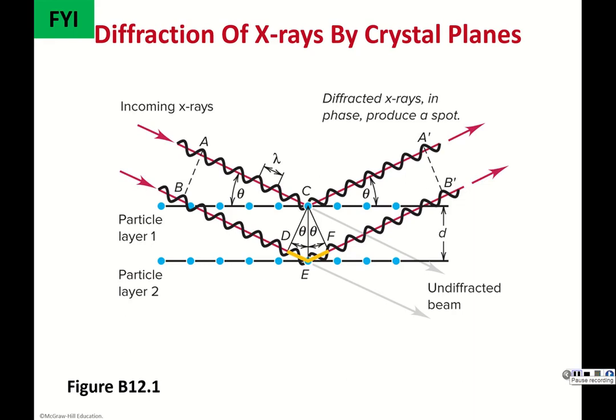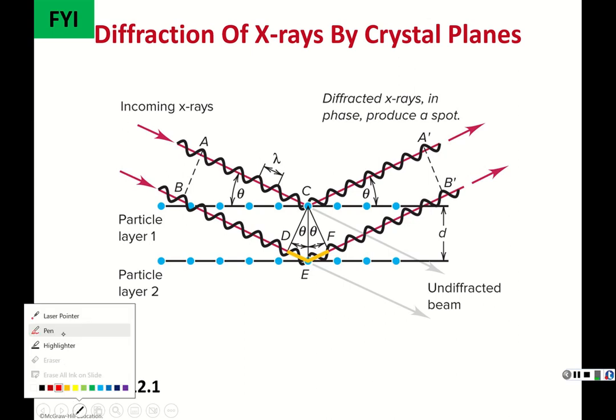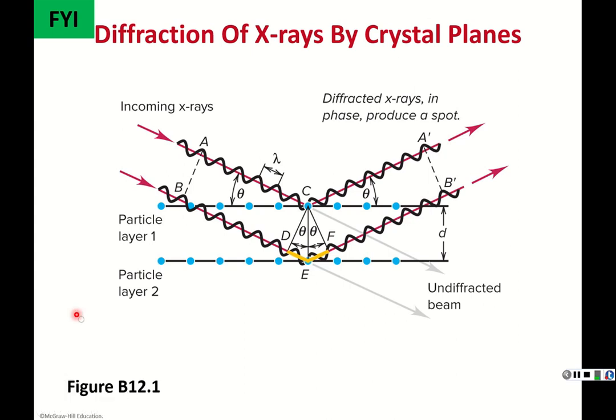Well, how were these structures discovered? How do we know these crystal packing arrangements? And the answer to that is X-rays. Scientists use X-rays to discover molecular structures, how things are bonded together.